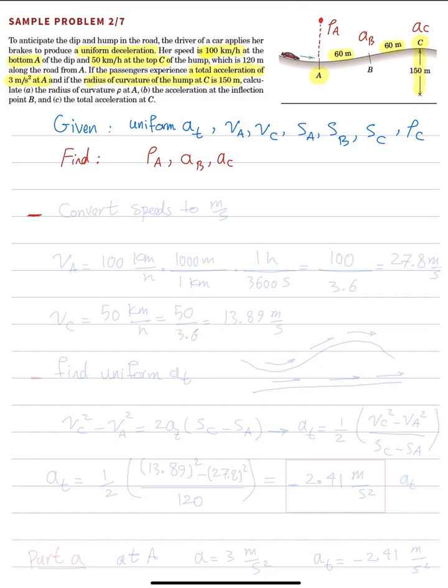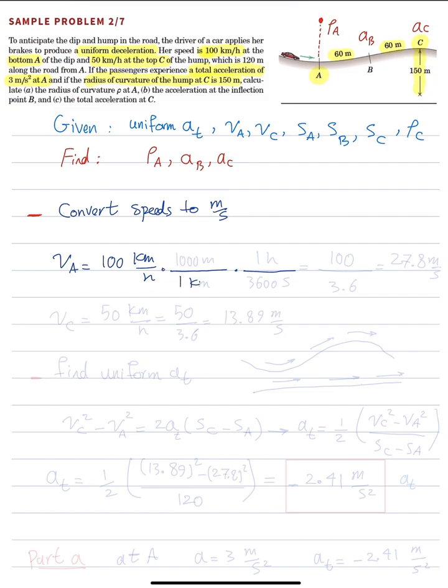So first thing that we should do to make our lives easier is convert speeds to meters per second so that we can work with the accelerations. So VA is given as 100 kilometers per hour. If you don't remember how to convert this, you need to multiply it by two things.